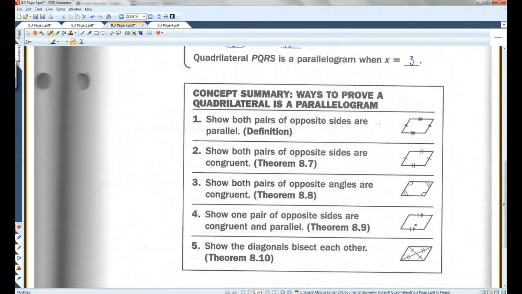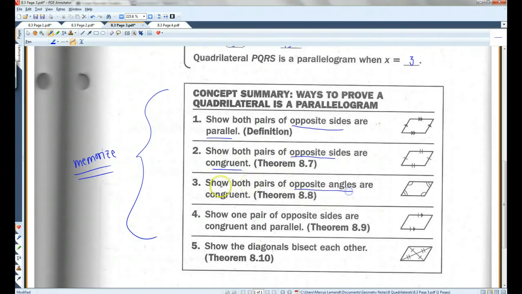Alright, this is a good thing to memorize. These are 5 ways to show that a quadrilateral is a parallelogram. First, opposite sides are parallel. Second, opposite sides are congruent.